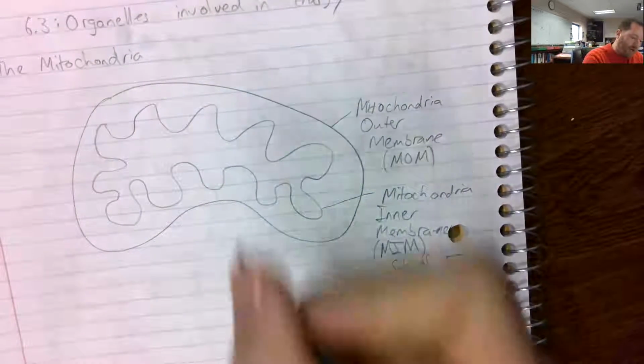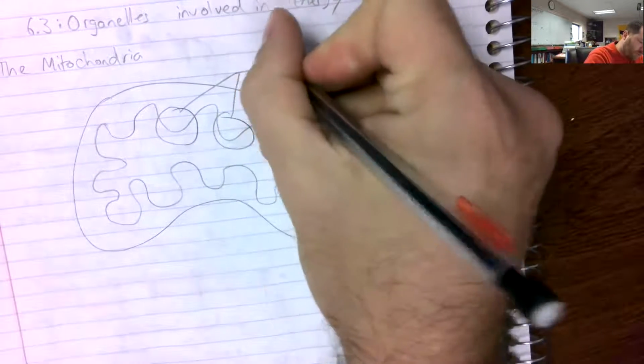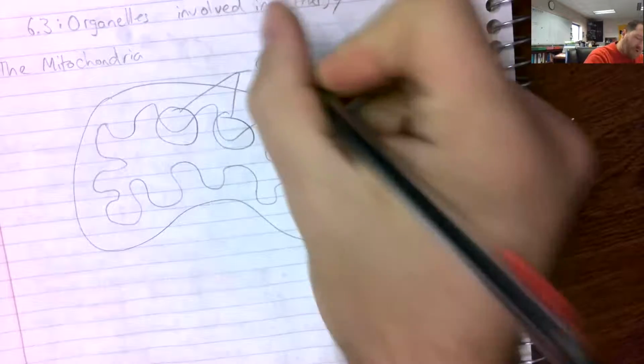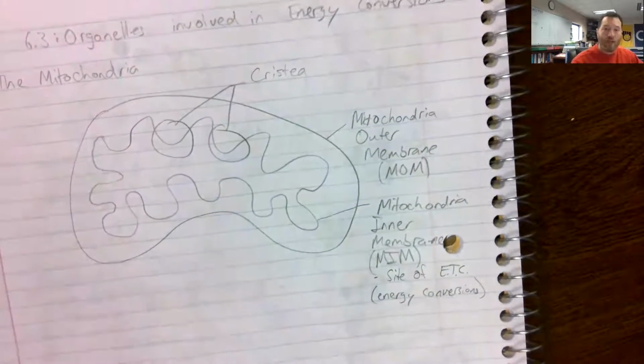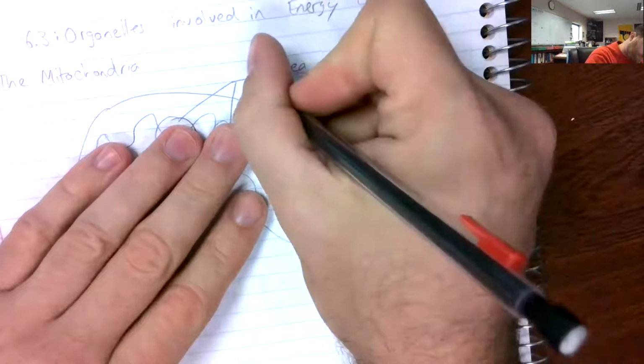And that's actually why we have these back and forth folds. We call them folds, and those folds have a very specific name, the cristae, to the plural.